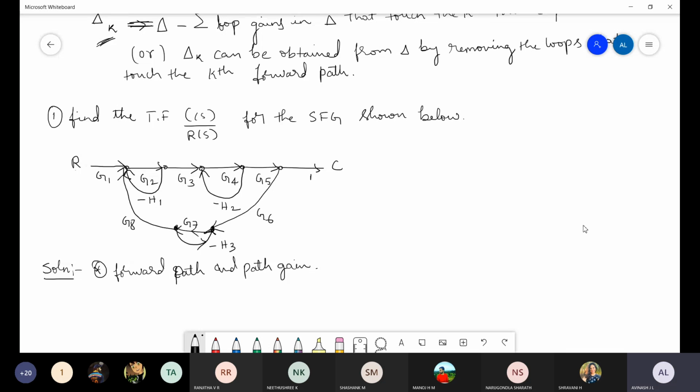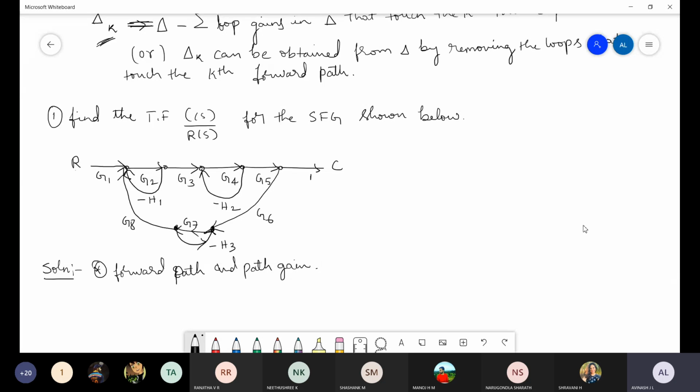Forward path means we need to go from R to C in one direction.